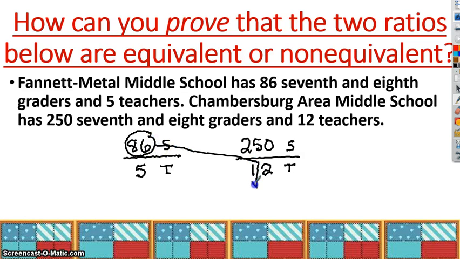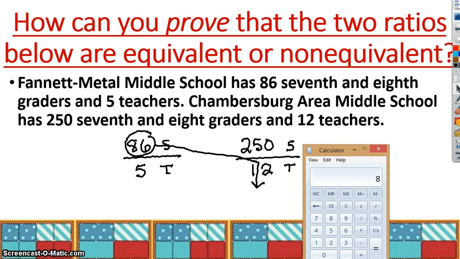86 times 12 is 1,032. So this cross product is equal to 1,032.